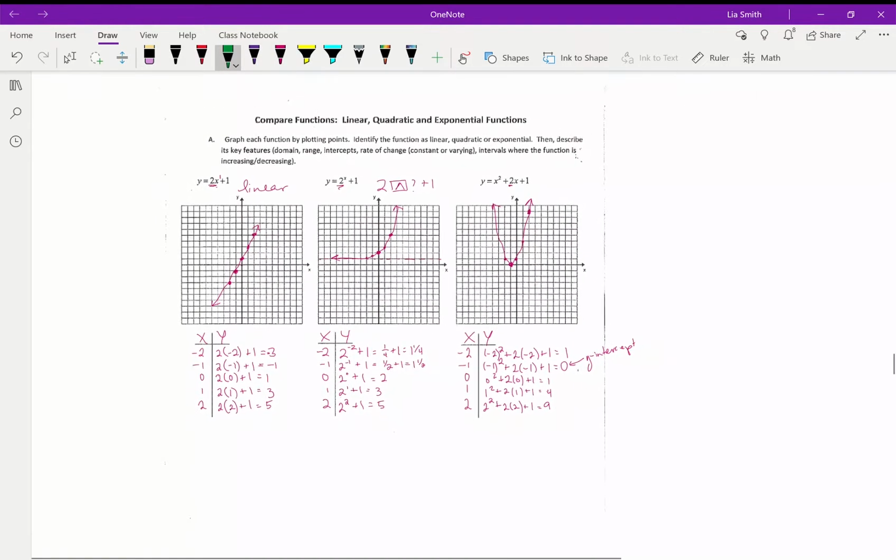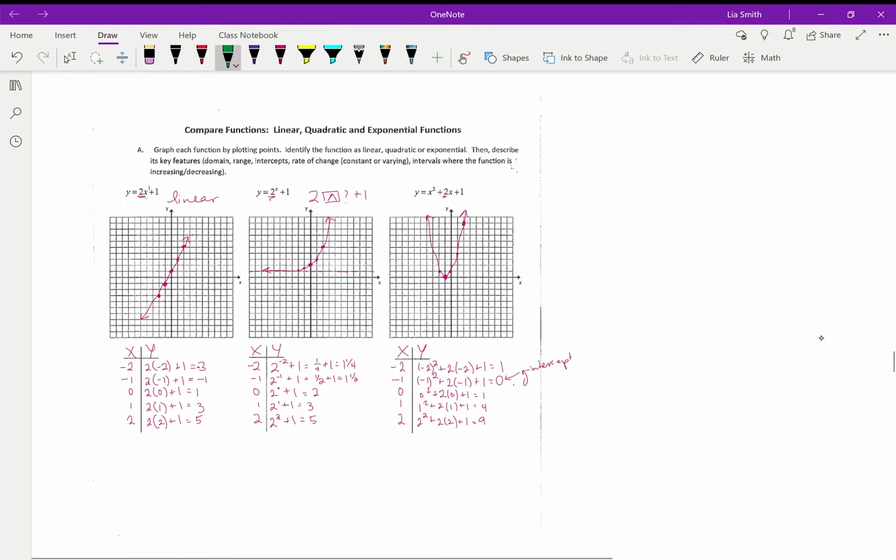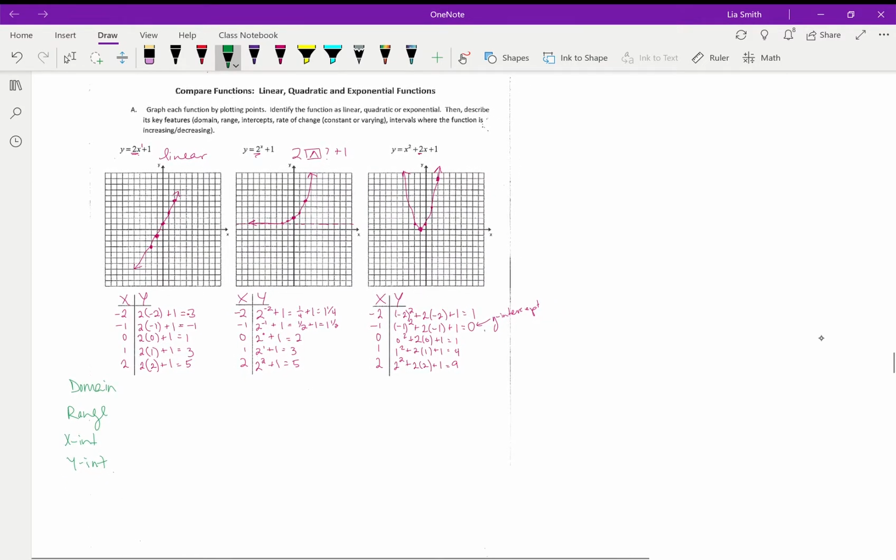We have got lots of room down below, so we're going to do that here. So we've got domain, range, let's see, what else does it ask for? X-intercepts, Y-intercepts, rate of change, and then increasing and decreasing.